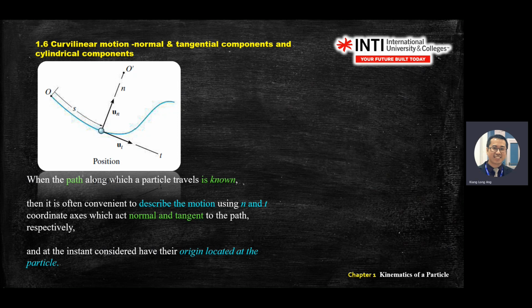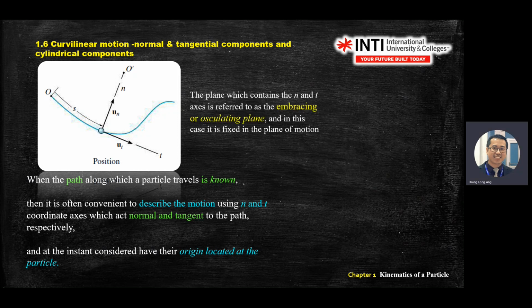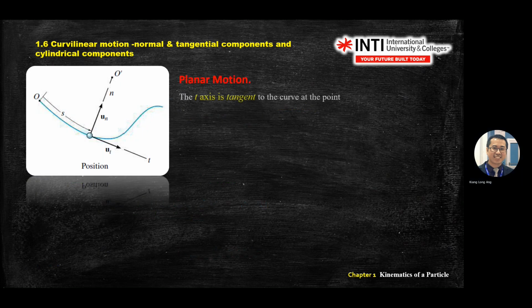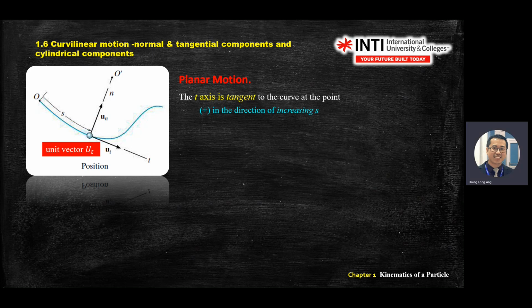Notation N for normal, T for tangent. Okay, the rest you read. Okay. Planar motion. Planar means on the plane here, you have a curve motion on this plane, on this paper. Okay. Direction.